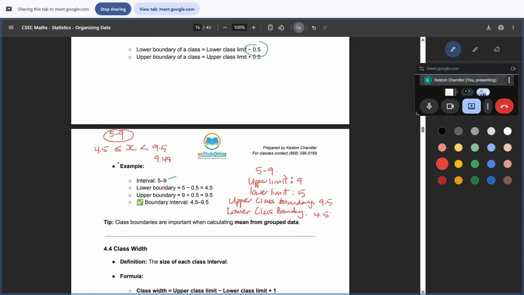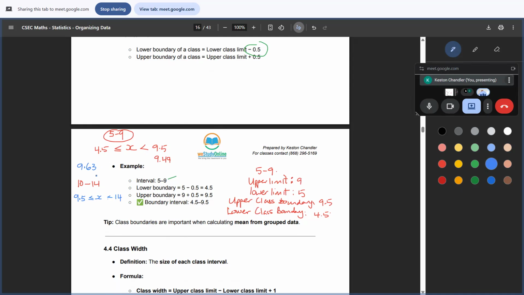But if we go to 9.63, because it is more than 9.5, it will go to the class whose boundaries would be greater than or equal to 9.5 but less than 14.5.